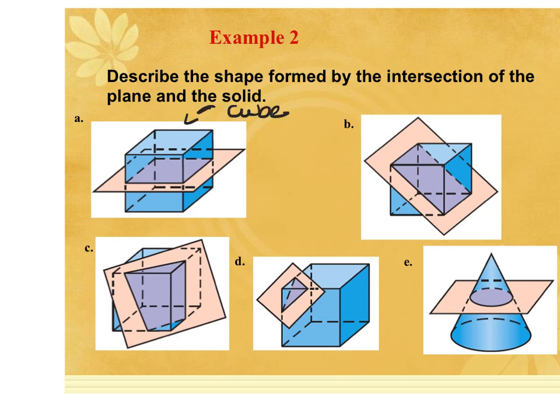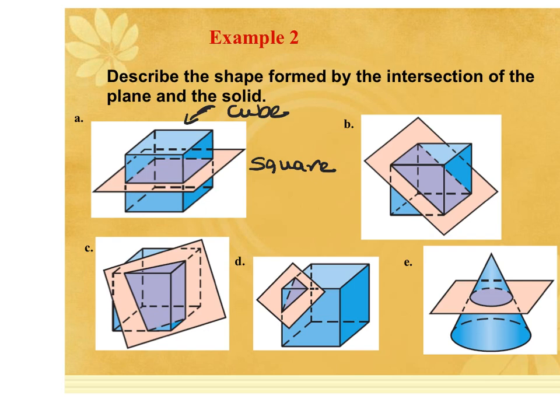So if my original shape before it has been intersected by the plane is a cube, then I now know that that purple intersection is going to be a square.